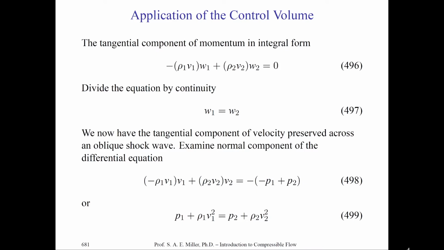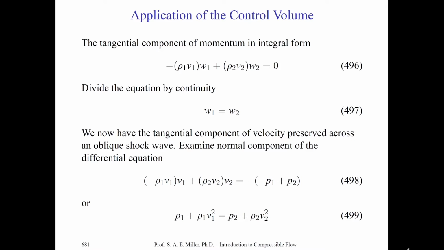Remember, the momentum equation is a vector equation, and so we have to look at all components. The third component of the momentum equation for planar oblique shocks, not conic oblique shocks, we're doing the planar problem, is into the page, so to speak, or the spanwise direction. And there's no flux whatsoever in that direction, so we'll just not worry about that equation.